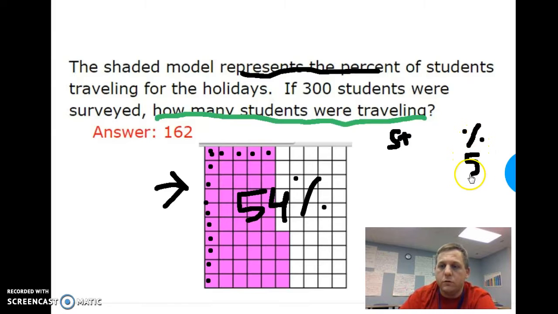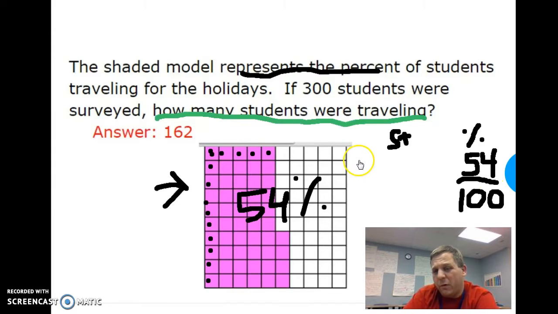We know that to make a percentage a proportion, we put the number, whatever number that is, over 100. Okay. I also know that 54 is part of 100. And 100 is the whole thing.